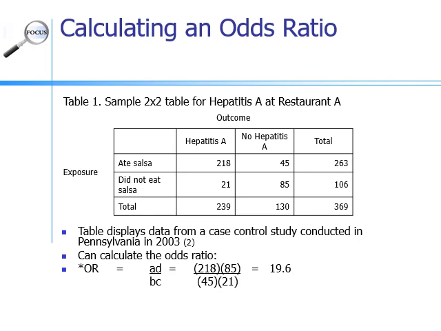So your entries for A is 218, for B is 45, for C is 21, and for D is 85. If you compute the odds ratio using the formula AD over BC, you will get 19.6. That is by hand.